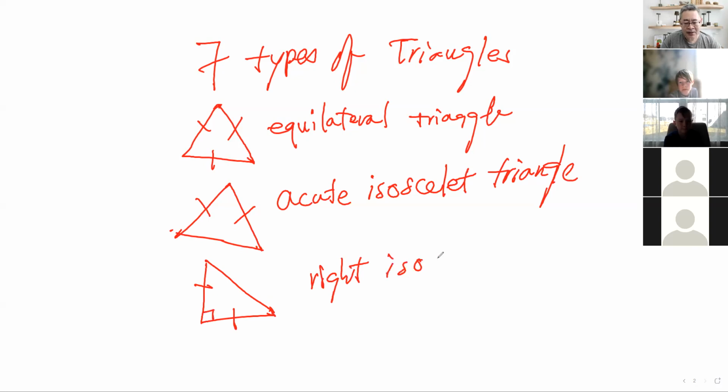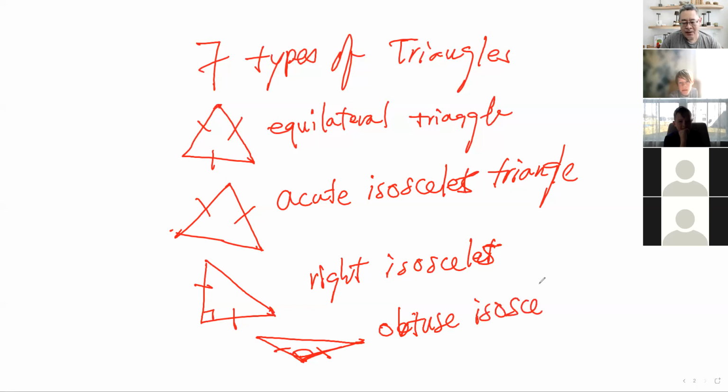Right isosceles. And then we have obtuse. So the angle here is more than 90. Obtuse isosceles. So now we've got four kinds.